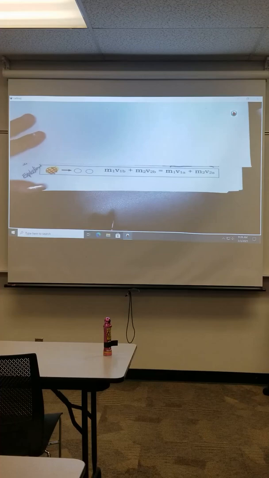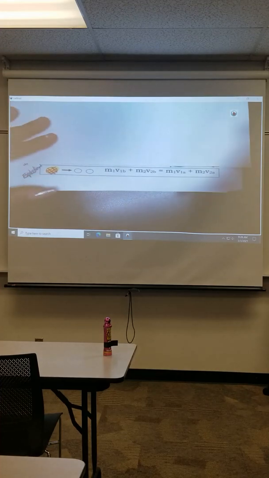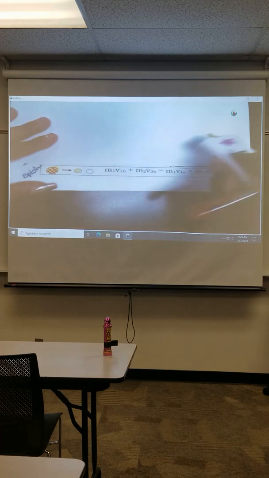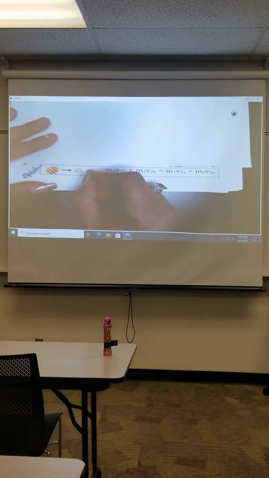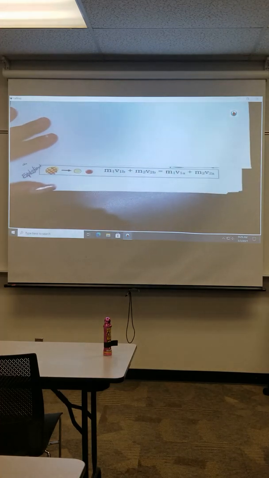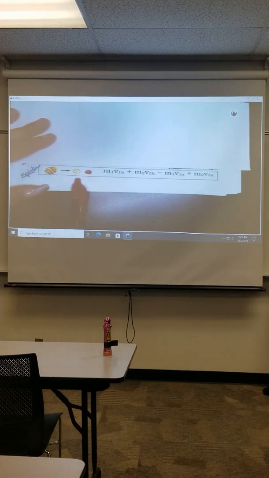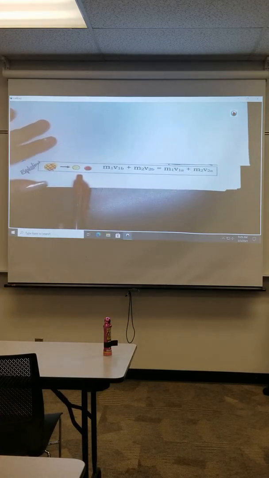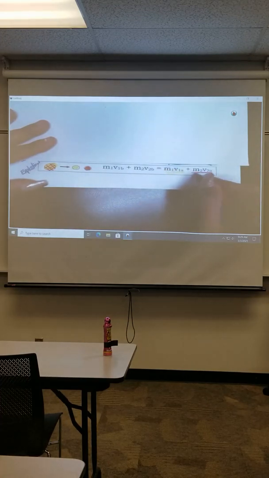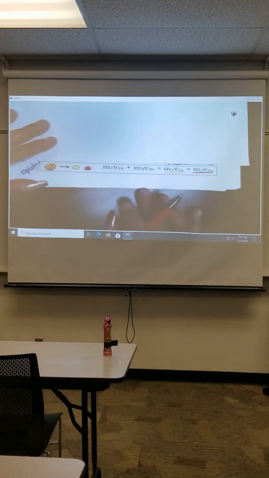It, quote unquote, explodes, it breaks apart, and it becomes yellow and red. Now I need to make my equation look like this. Well, in this case, I'm going to start off at the right side. That's easy. Yellow and red. It matches that.